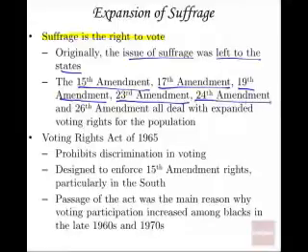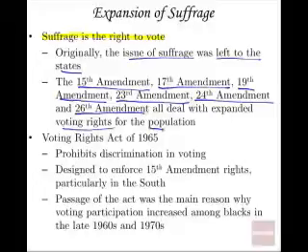And the 24th Amendment prohibited poll taxes for federal elections. And the 26th Amendment allowed 18-year-olds to vote. So these all deal with expanded voting rights for the population. So the 15th, 17th, 19th, 23rd, 24th, and 26th.